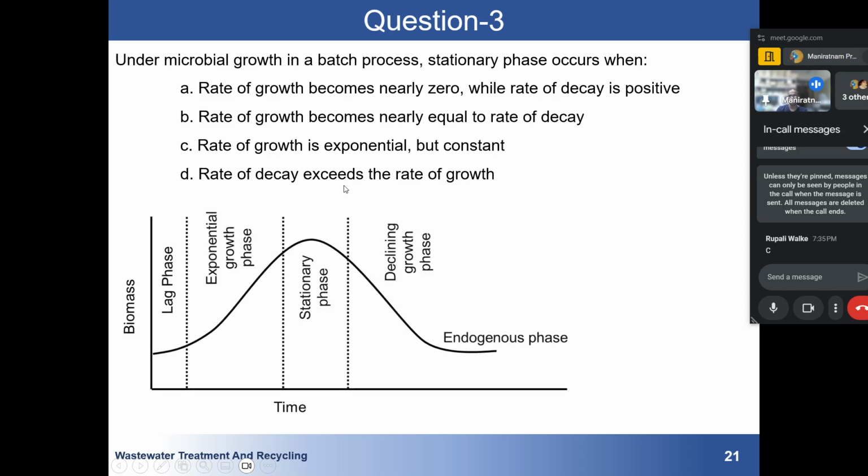So you can see this was our stationary phase. This was the adjusting period. There is a huge amount of food, the rates of growth and death are equal, and here there is only death. So the rate of growth nearly equals the rate of decay. The answer will be B.